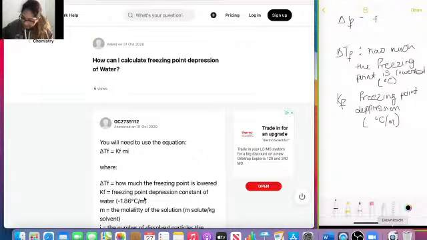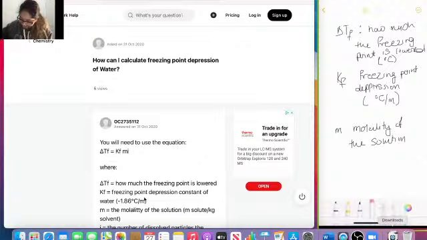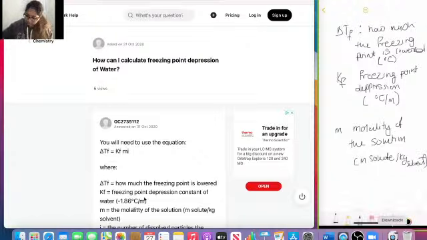And M, as you can probably guess, is the molality of the solution, where the units are basically mass of the solute over kilograms of solvent.